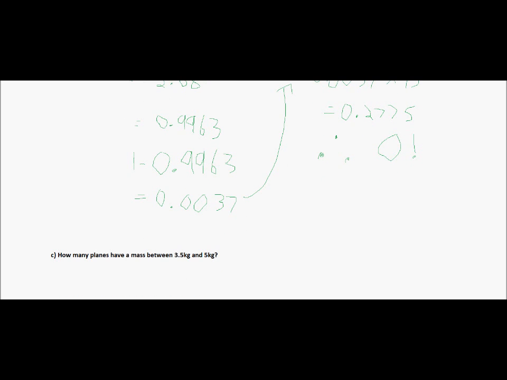So, next question. How many planes have a mass between 3.5 and 5 kilograms? How would you do this question, Cal Augustin? Well, Kimbo, you have to draw a normal curve. Oh, okay.